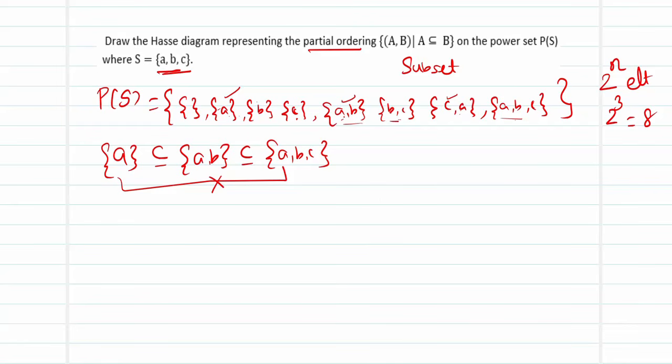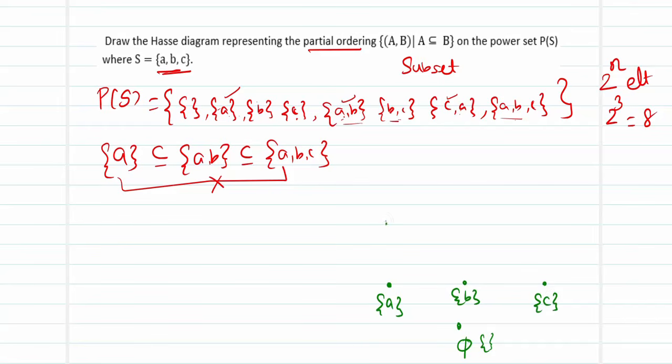So how to represent this as a Hasse diagram? Of all, the least, what we do is place the null set at the bottom. So the empty set is placed at the bottom. Next, elements one at a time: a, let me take b, and let me take c.